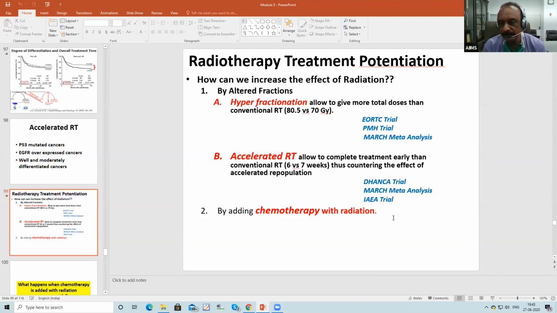If the BED of one schedule is higher than the other, naturally we expect more tumor control. But at the same time, you must remember that when you are increasing the dose per fraction, you have to be very careful about the surrounding normal tissue, that you are not causing more damage to it. And for this, you have to use modern radiotherapy techniques like IMRT, IGRT, and motion management.